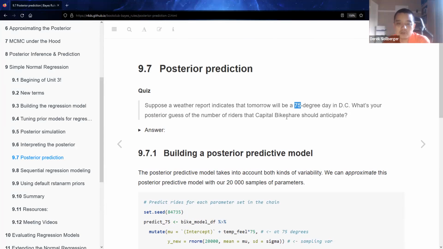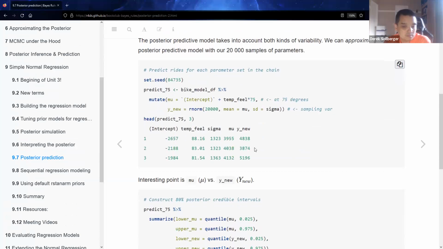Maybe we don't want to predict only one number, but also predict a range of numbers. That could be reasonable. So we predict multiple estimates for our response variable y.